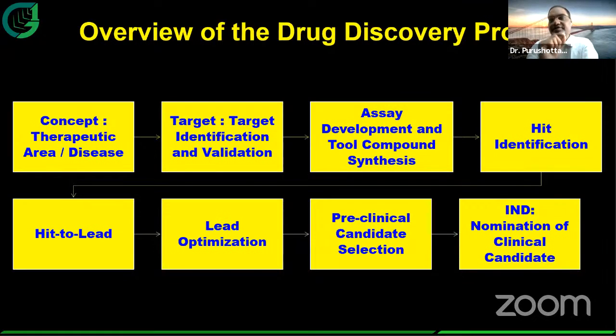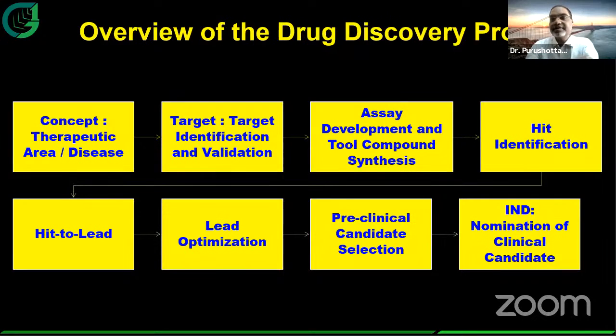The validation of the target briefly means whether hitting this target, either down regulating or up regulating, will have a significant effect on the disease onset or not. This is what target identification and validation includes. Mostly the biologists are involved in this step.